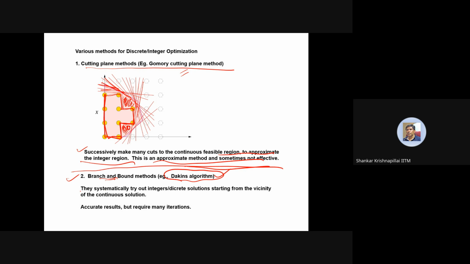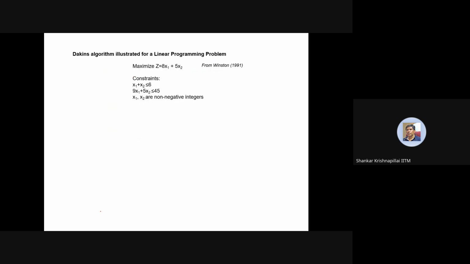So they systematically try out integer solutions starting from the vicinity of the continuous solution. So in Dakin's algorithm also, first you have to find the continuous solution. Okay. First you have to assume x and y are continuous variables and find a solution, and that is the starting point for investigating the integers around that. Okay. Accurate results are obtained but require many iterations.